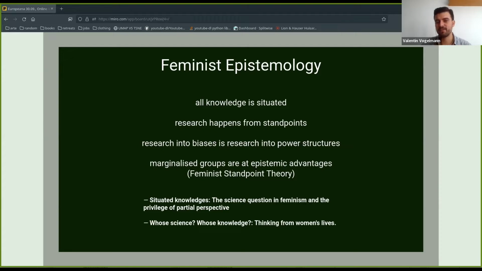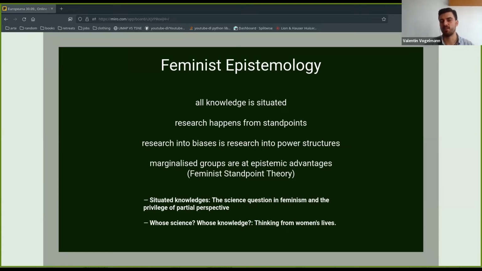One of the core assumptions of feminist epistemology is that all knowledge is always situated. By situated, they mean that knowledge is embedded in a person, probably mostly a person, that has a historical context, that has a certain agenda at this point in time. So situatedness is also closely tied to perspective and standpoint.